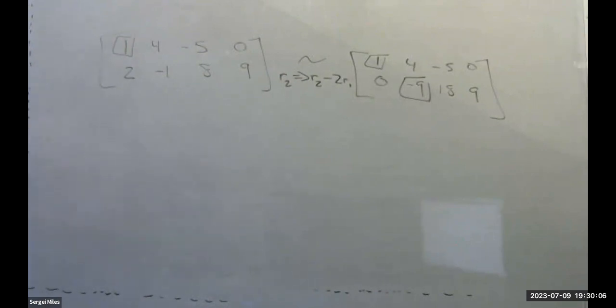I can't have more than 2 pivots, which means anytime you're dealing with a system of equations where you have more variables than equations, in other words, more columns than rows, you will always be guaranteed to have free variables.